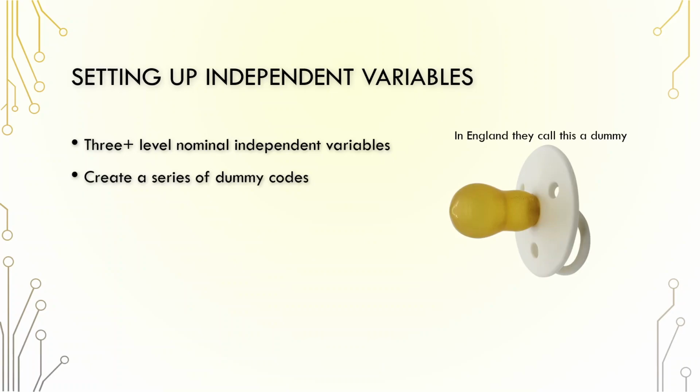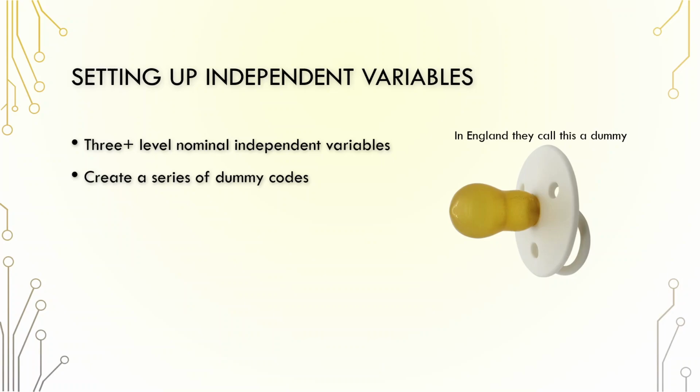And I admit, for a while I was like, dummy codes? When I say a while, years. I always just thought that was a really weird name. But one day I just had this epiphany. So I served my mission in Northern England, and in the UK, and I don't know if this is true in Ireland or Northern Ireland, but it is at least in England and Wales that a pacifier is called a dummy.